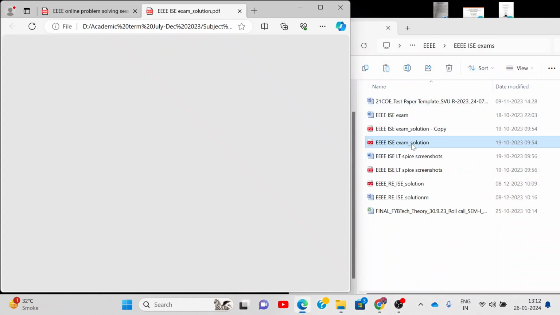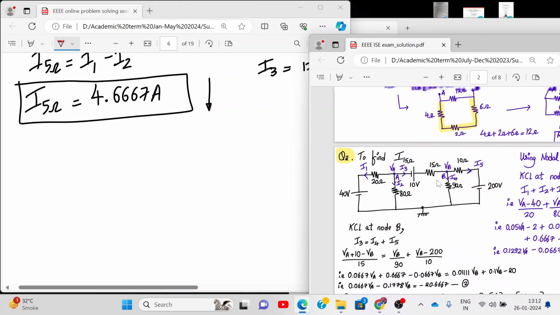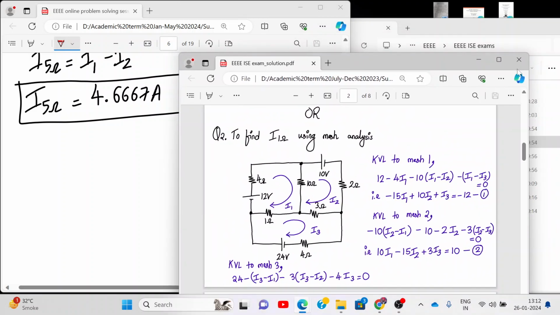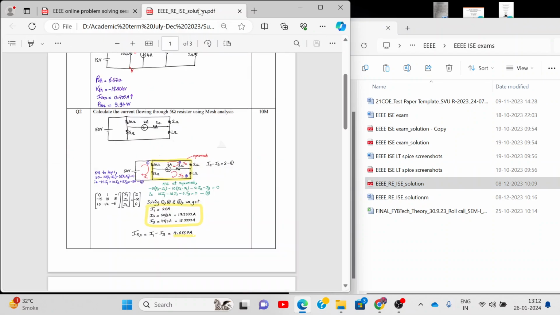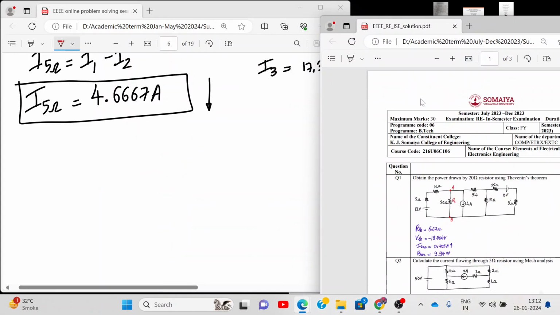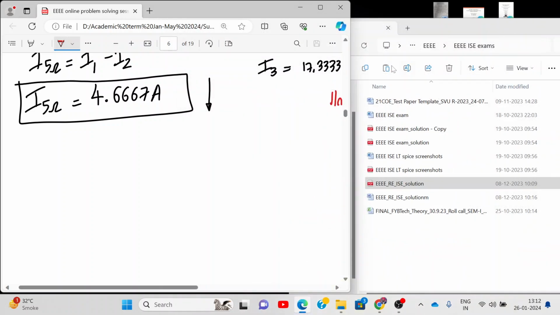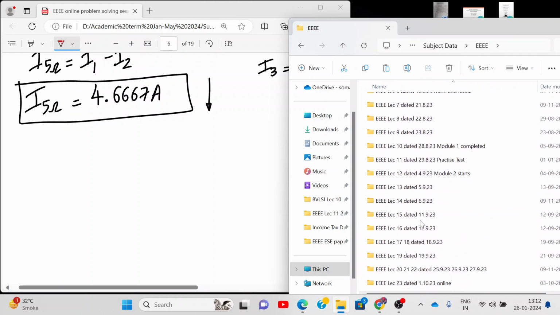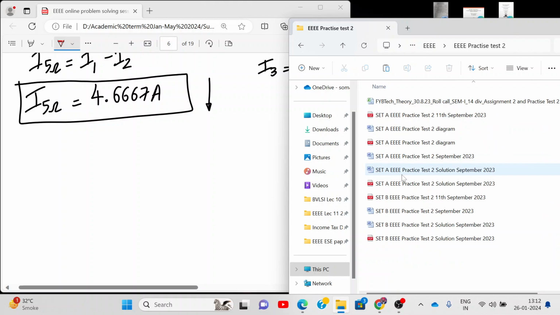Let me check in the ISC paper solution. Okay, fine, no problem at all. We'll solve this. See, no, in this also there is no Norton's theorem. We'll take an old paper. Practice test.